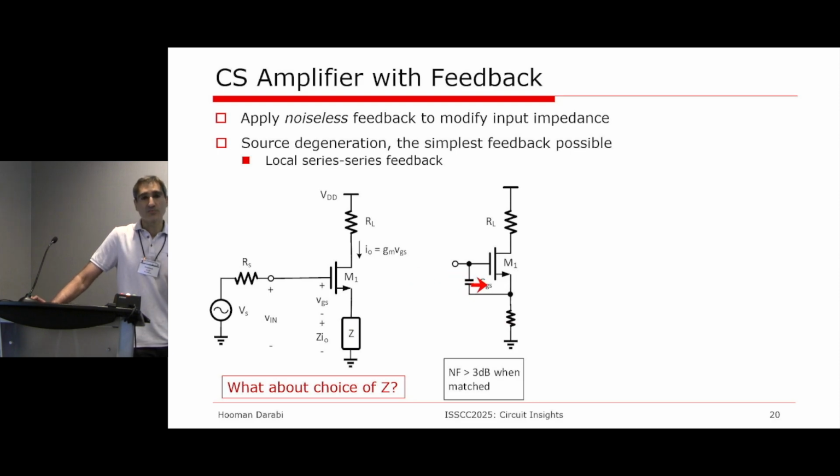But in terms of noise performance, it's as bad as putting the resistor here as opposed to there. They both contribute equal noises with respect to the source, or 3 dB or more noise. But this is not surprising, because we talked about noiseless or lossless feedback. Resistors are not noiseless.